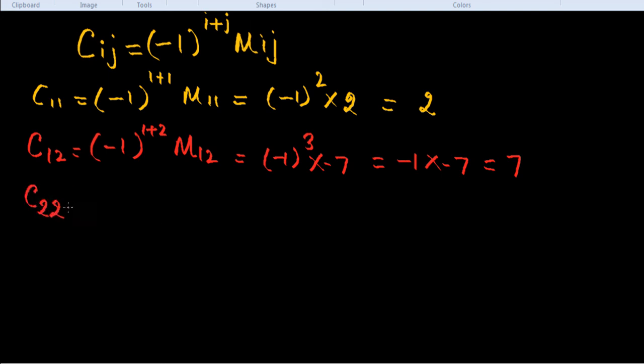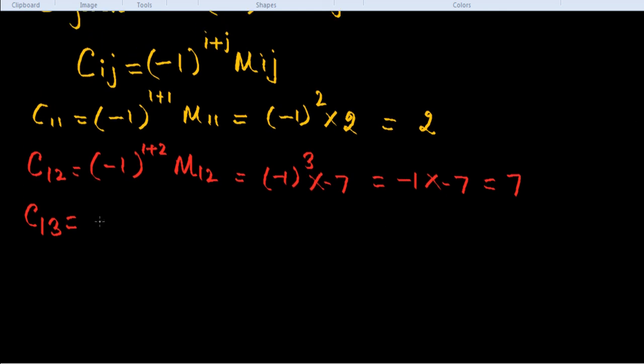C22 the same way. C13 we could get in the same way. So in this way we could easily find out the cofactors of any square matrix.